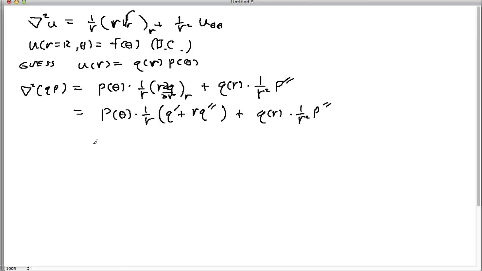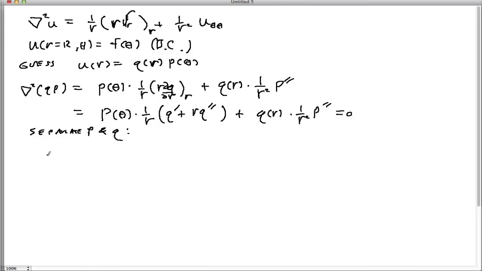All right, so now of course we're always setting this equal to 0, and then we're going to separate P and Q. So let's do that. We have to move some things over to the other side of the equation.